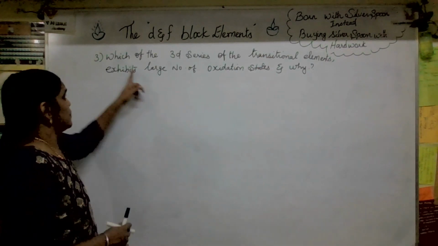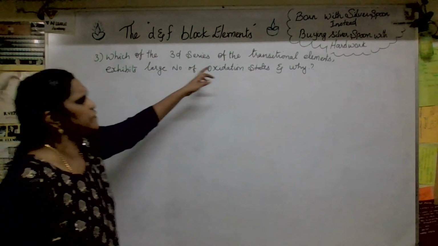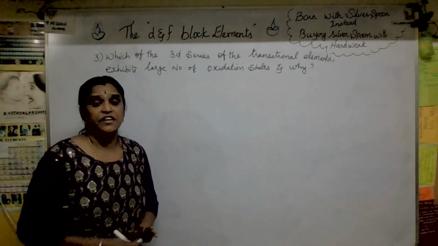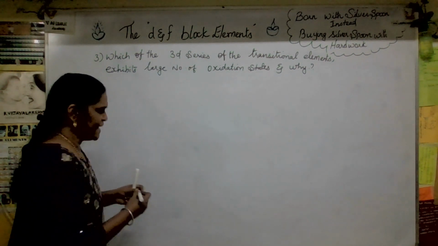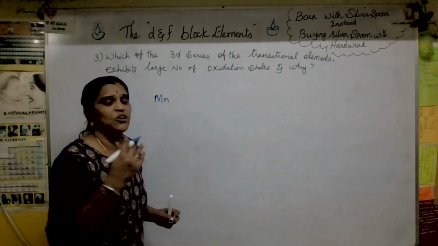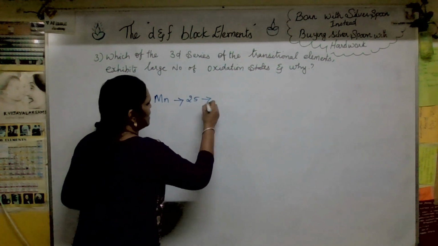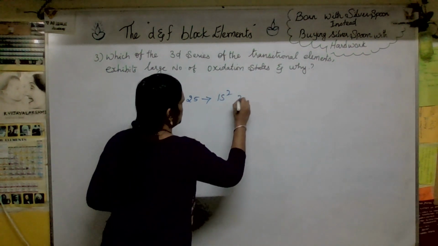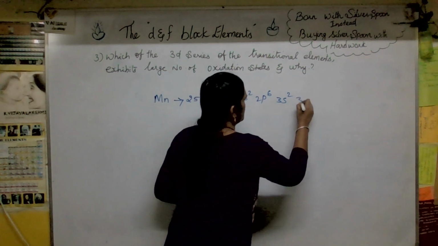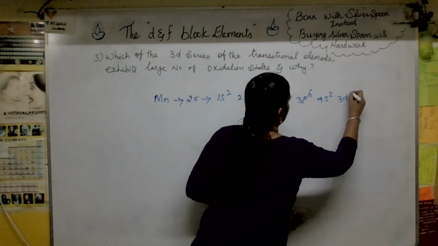Now next, one more important question, very interesting also. Which of the 3D series of the transition elements exhibit a large number of oxidation states and why? See here, manganese. Manganese has the highest oxidation state. Its atomic number is 25. Electronic configuration 1s2, 2s2, 2p6, 3s2, 3p6, 4s2, 3d5.